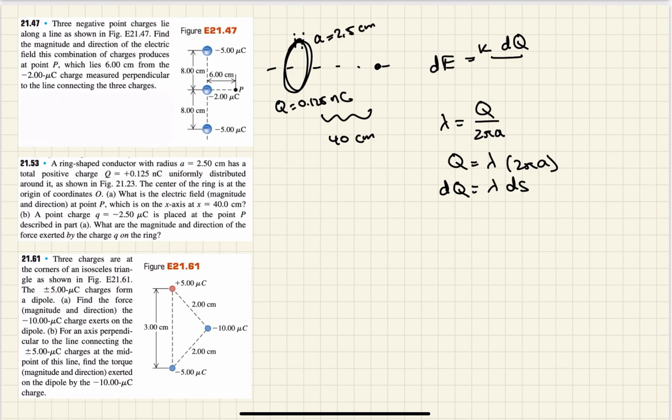Well, it's actually going to be Pythagorean theorem again. So we got x, let's say, is the distance between the center of the ring and the point, and a is the radius. So r is going to be equal to the square root of x squared plus a squared. But since it's r squared, it's going to be just x squared plus a squared down in this denominator here.